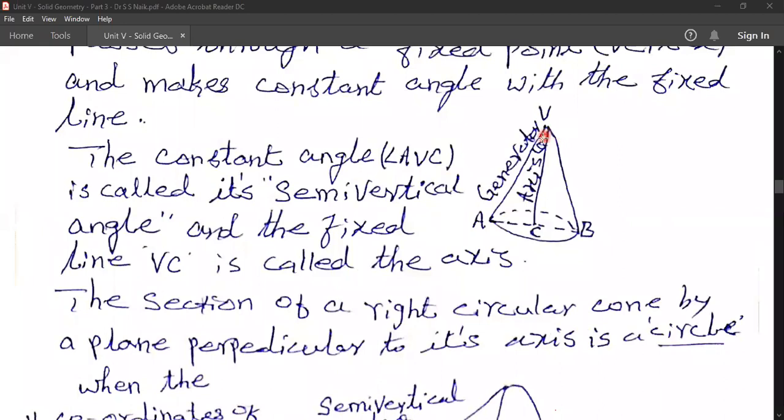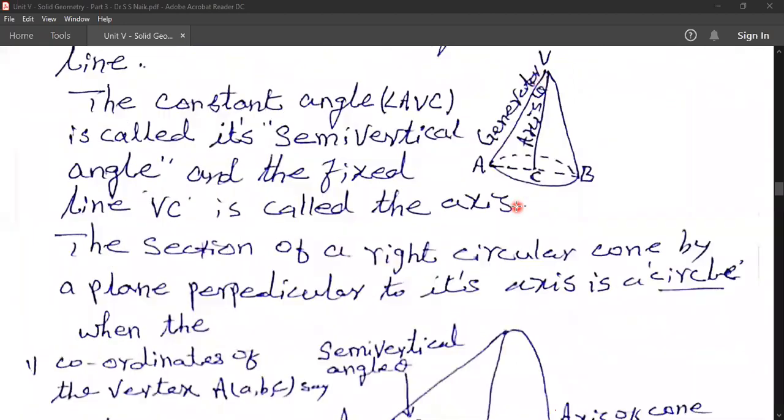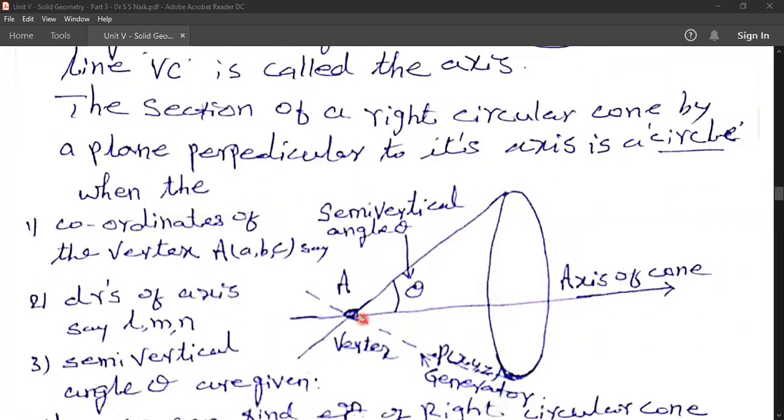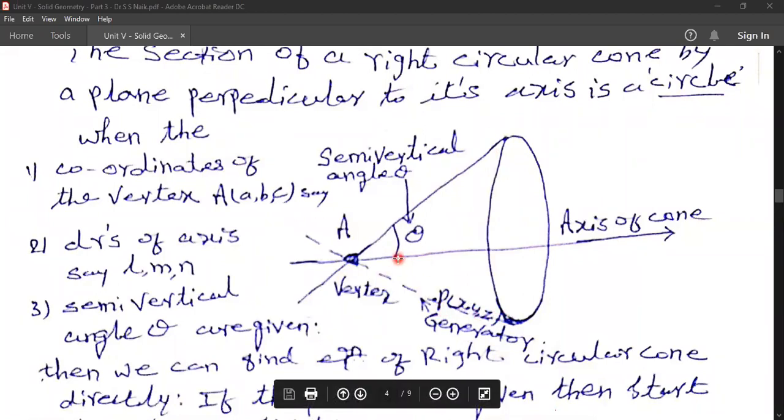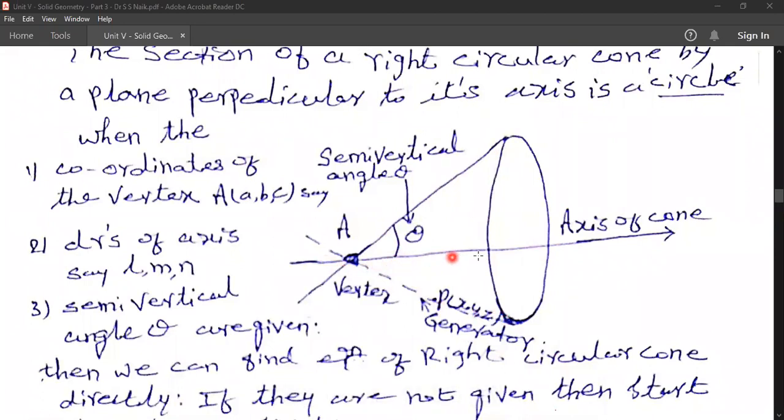So this is a cone either in this form or the same thing you can draw like this. Okay. So this becomes a generator. This is a generator. Then this becomes the semi-vertical angle, and this becomes the axis. This is the fixed point. Okay. So this becomes the corresponding equation of a right circular cone.